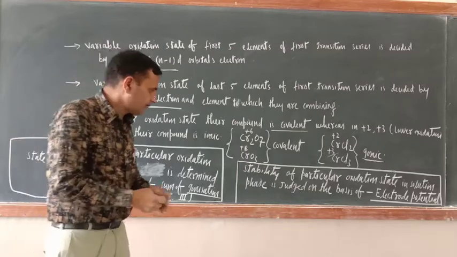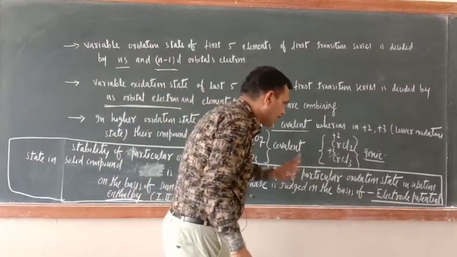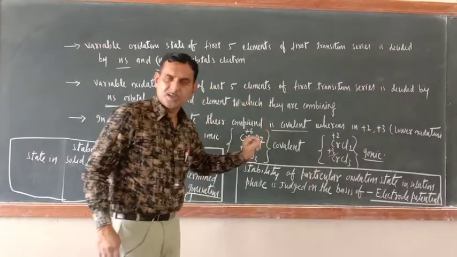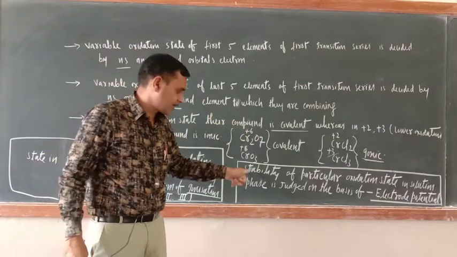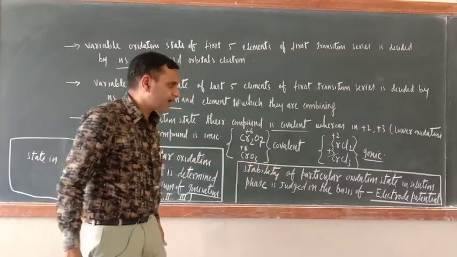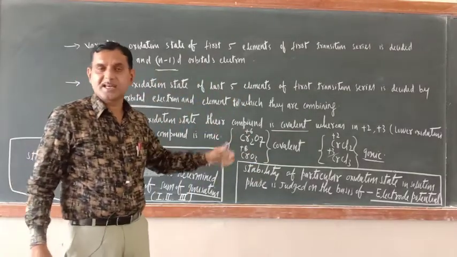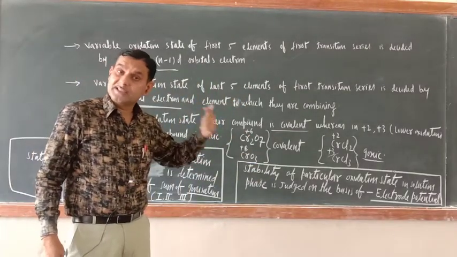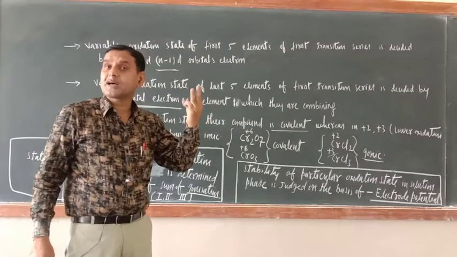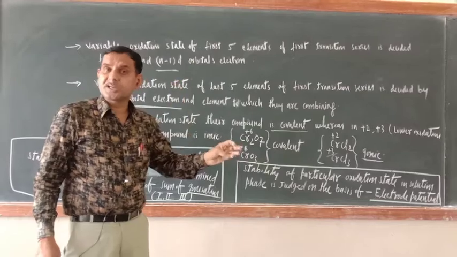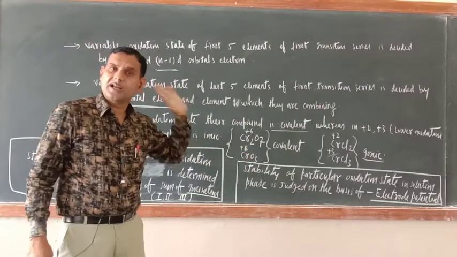Correct? Is there any problem? So here the stability of a particular oxidation state in solution phase, meaning aqueous solution, is judged on the basis of electrode potential. And electrode potential in turn depends on three types of energy: sublimation enthalpy, ionization enthalpy and hydration enthalpy.